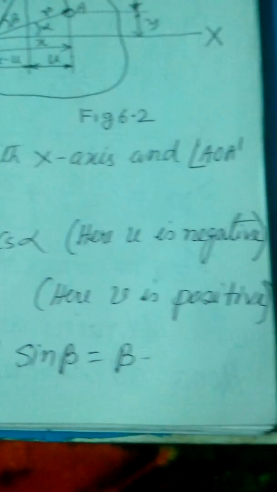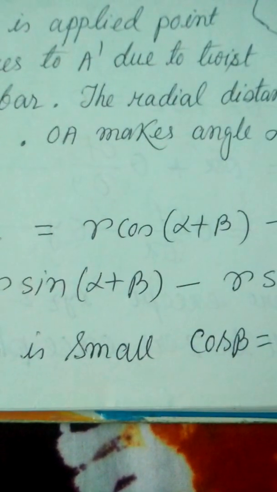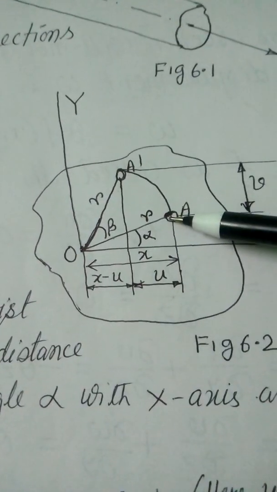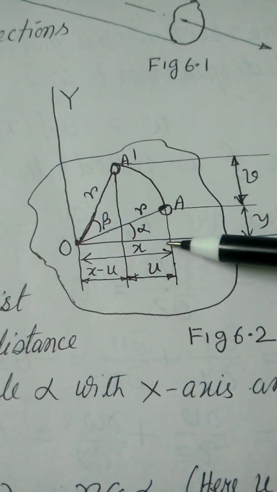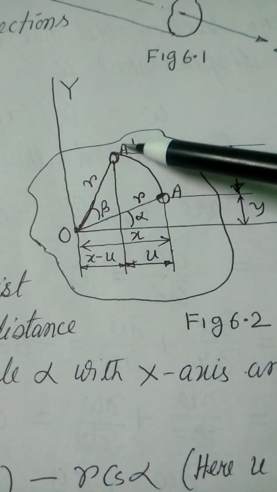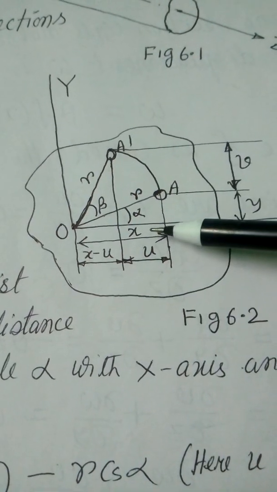Here u is negative because this is going in this direction, no? From here to here it will be negative because this is in the negative x direction. So u is negative.